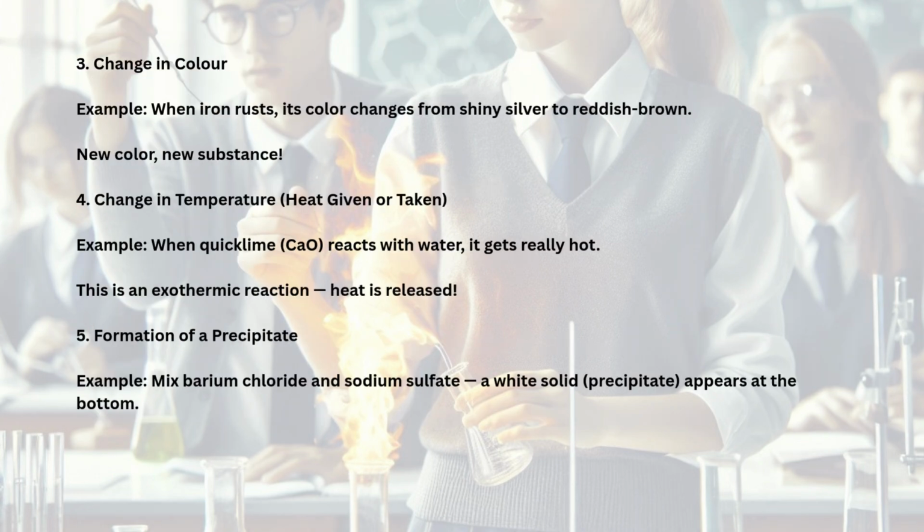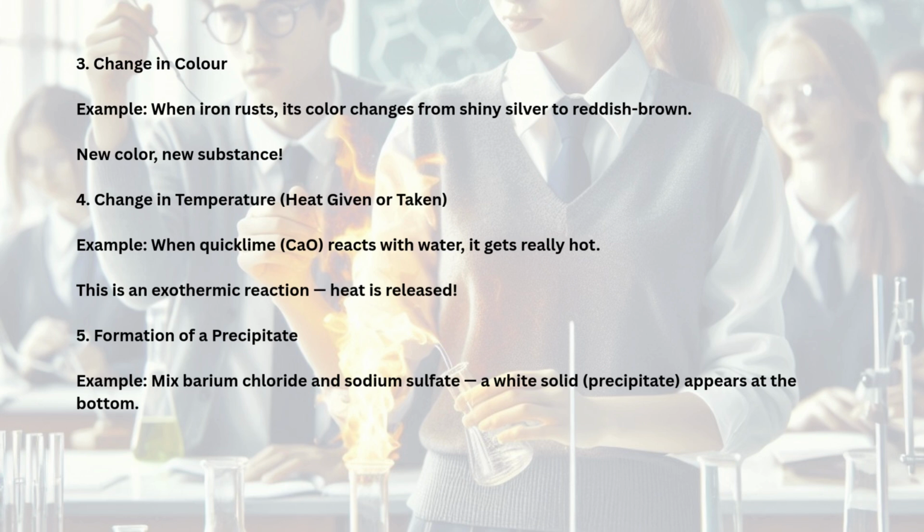Next, change in color. Example, when iron rusts, its color changes from shiny silver to reddish brown. New color, new substance. Next, change in temperature. Heat given or taken. Example, when quicklime reacts with water, it gets really hot.